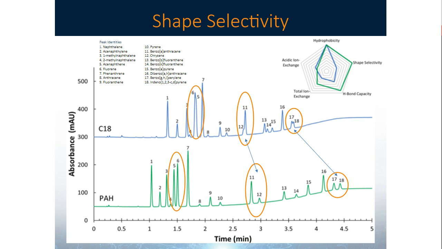So I've circled a couple of pairs where they were co-eluted on the C18 column in the top blue trace. In particular, compounds 5 and 6, that's acenaphthene and fluorene, those are baseline resolved on the PAH phase here on the bottom green trace. Compounds 11 and 12, you're seeing an elution order reversal.